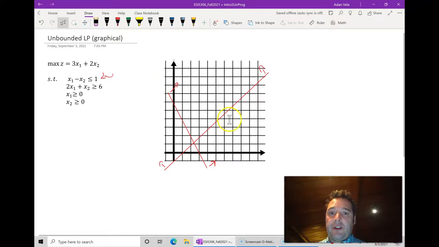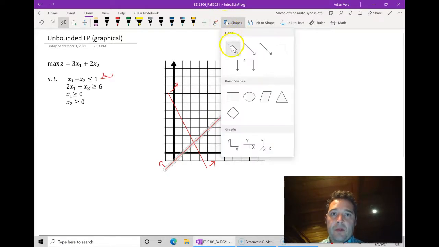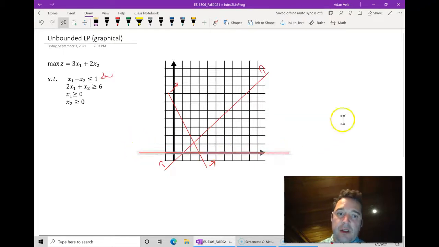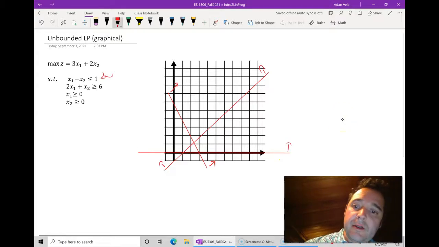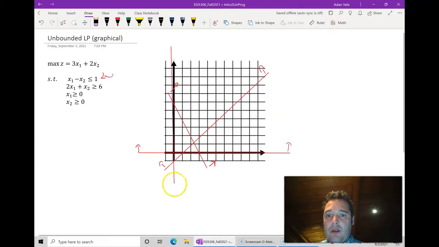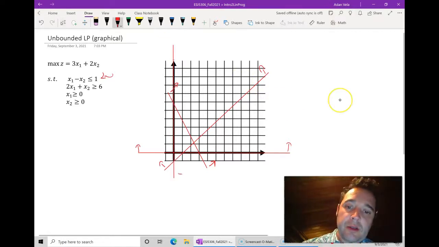Now our non-negativity constraints are just as before. So here we have x2 greater than 0, and it's everything above the line. And we have x1 greater than 0, so it's everything to the right of the line.